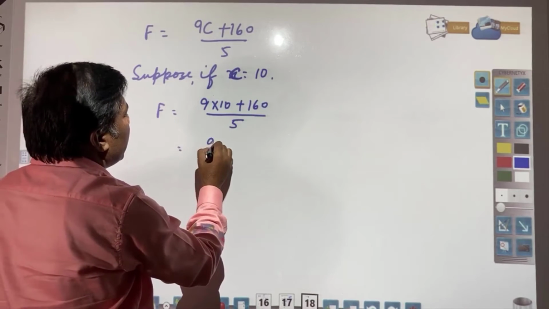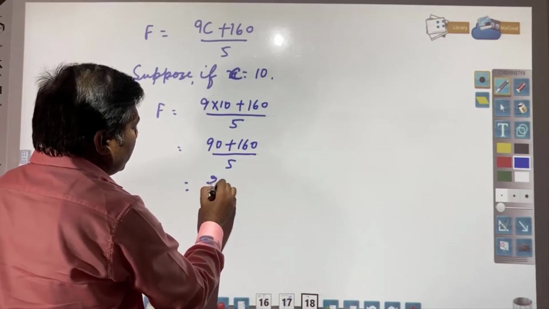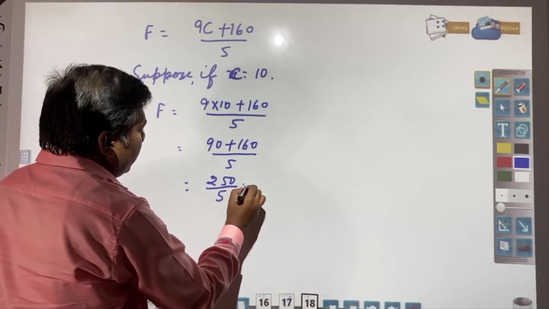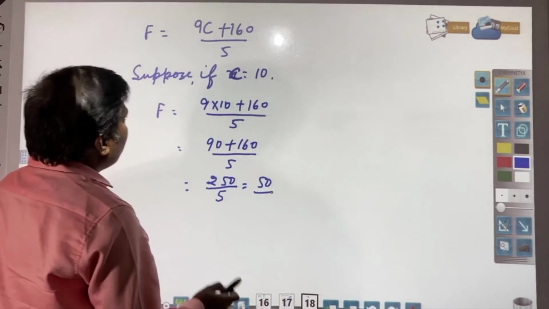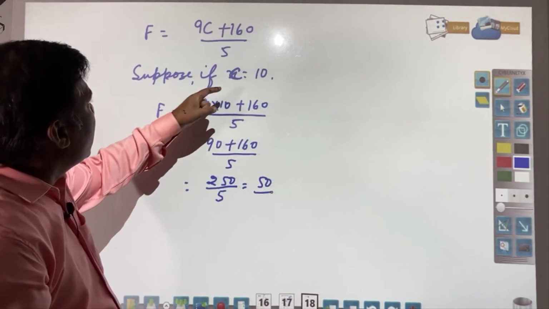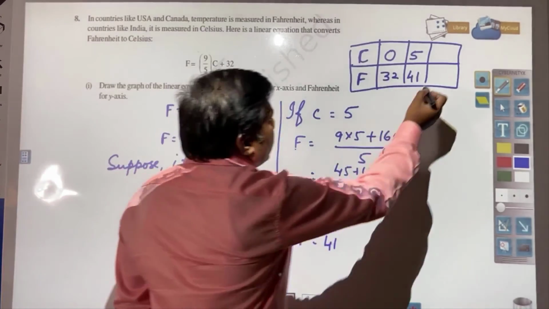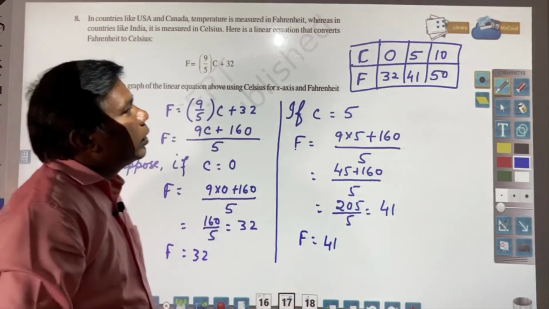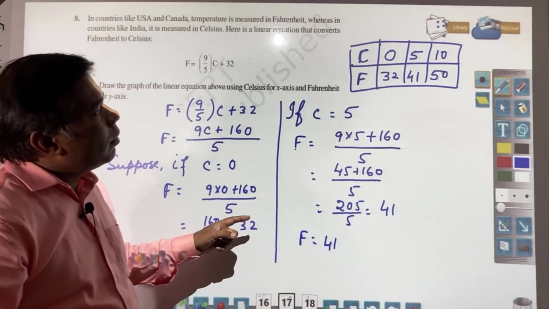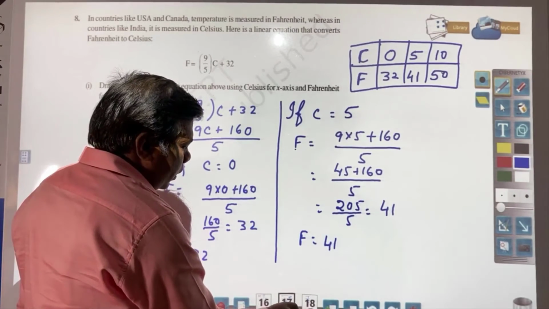It means 90 plus 160 by 5, it means 250 by 5, and this will be 50. So finally you have got coordinates here, 10 and 50. So 0, 32, 5, 41 and 10, 50 you have got as coordinates.